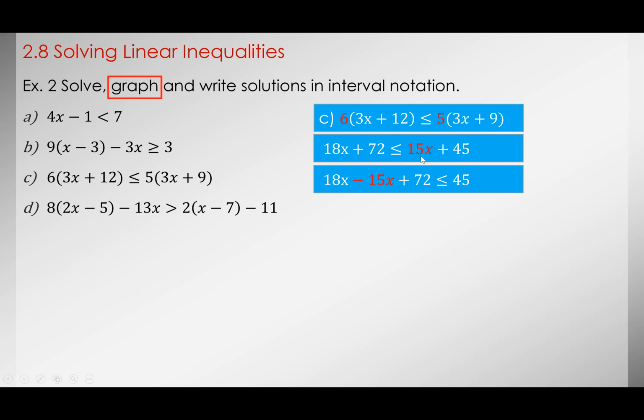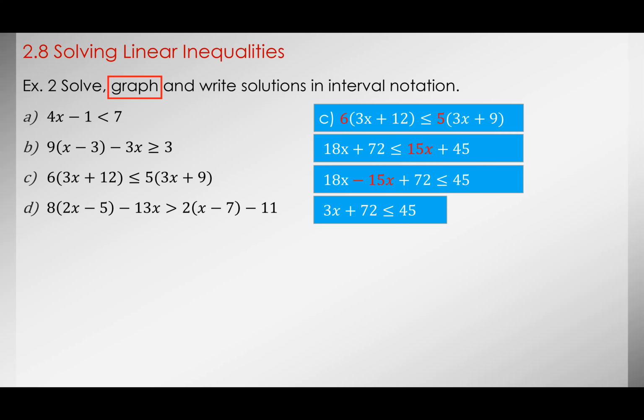But in this case, I moved the 15 over, and because I moved it over, I need to subtract. 18 take away 15 is 3, which is 3x. Again, this is our new problem, the problem that we all know how to do.